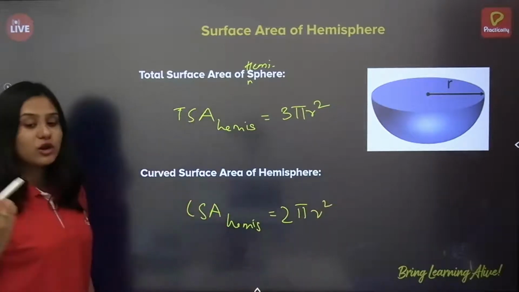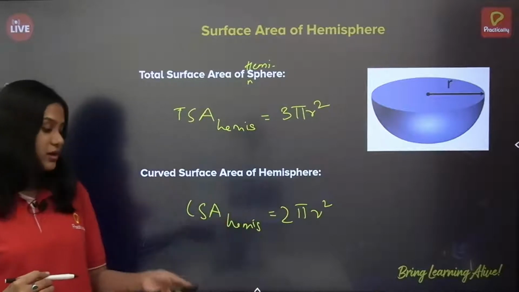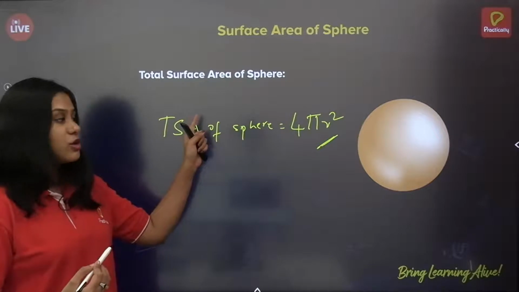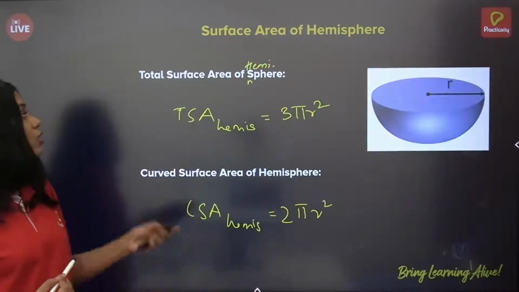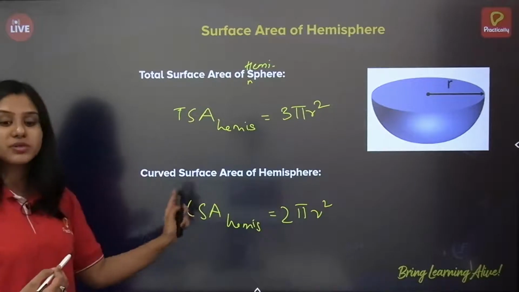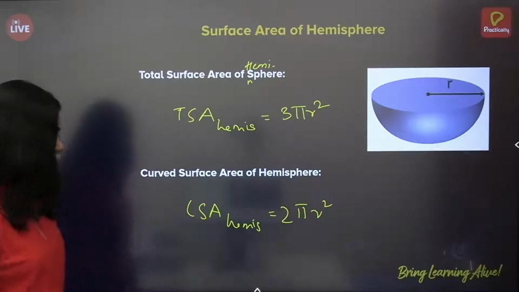So please do not get confused between TSA and CSA of hemisphere and also surface area of sphere. So what is surface area of sphere? 4 pi r square. What is TSA of hemisphere? 3 pi r square. What is CSA of hemisphere? 2 pi r square. Okay? Yes, 2 pi r square.